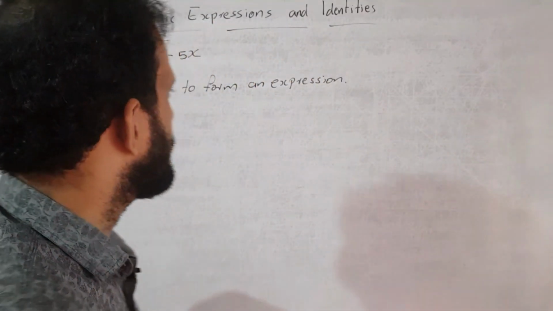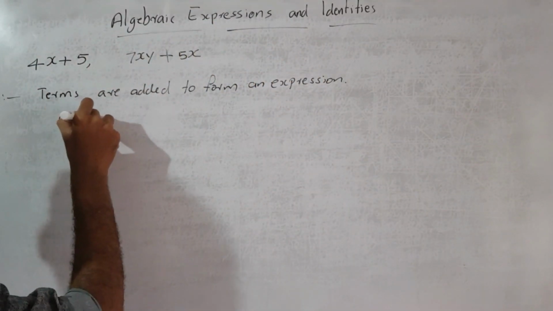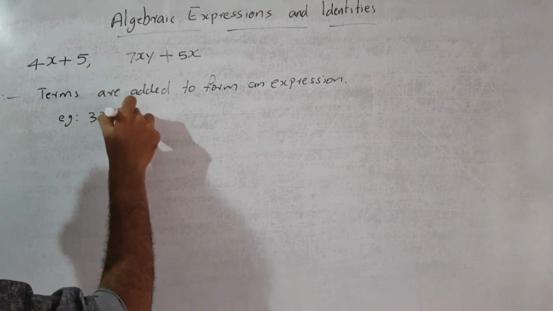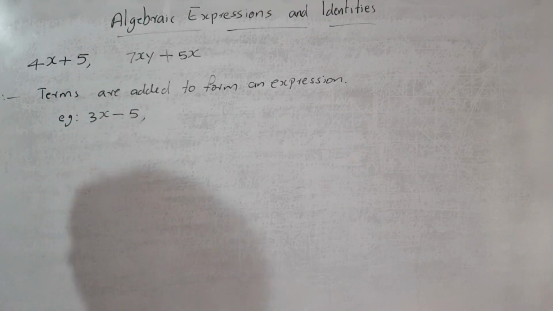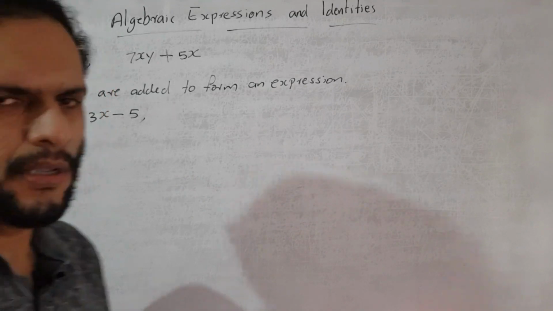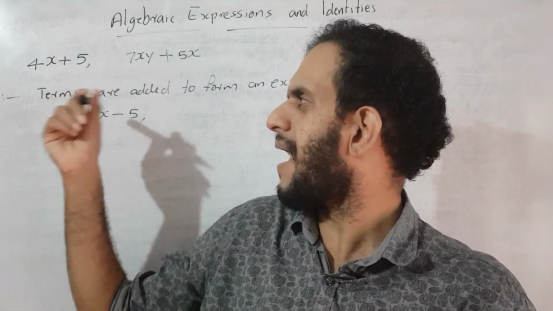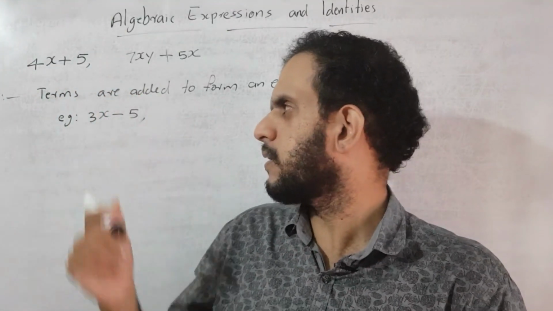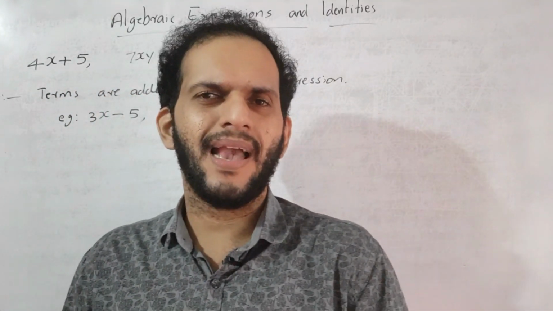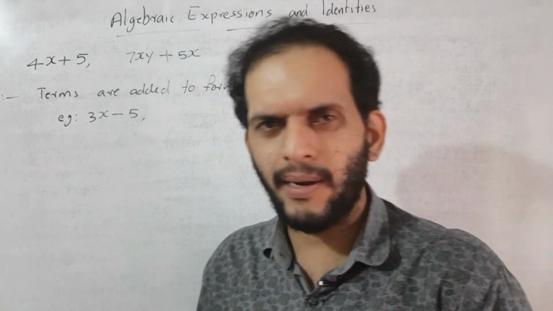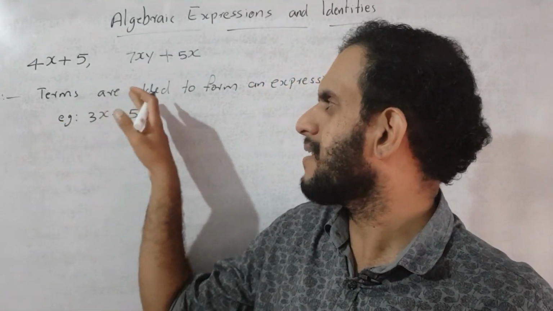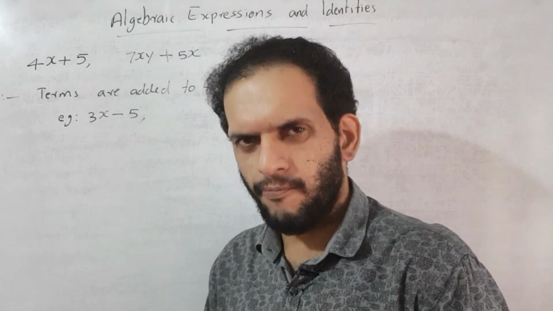Okay, one example: 3x minus 5 is an algebraic expression. We said the terms are added to form an expression, but here we are subtracting 3x and 5, correct? Then this is against the definition, am I right?